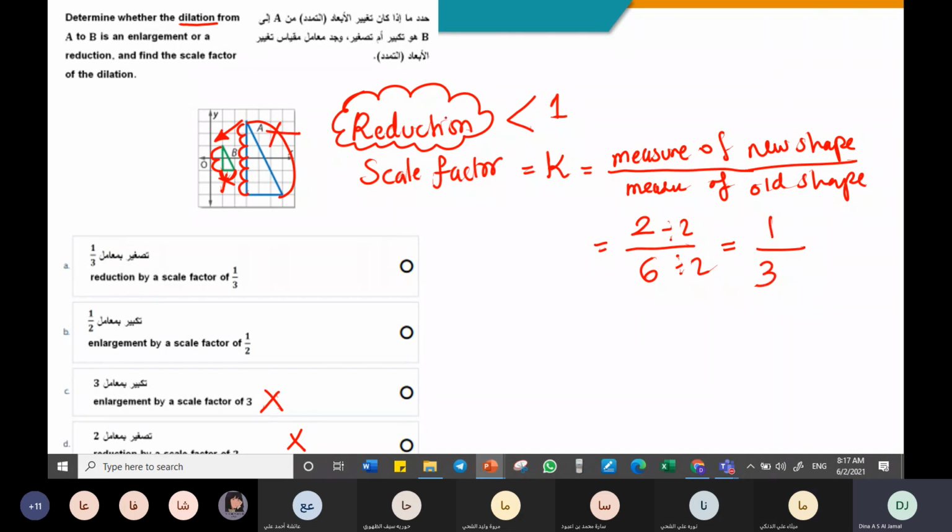Excellent. That means it is a reduction with 1 over 3. So even without solving it, you can get that it is a reduction by a scale factor of 1 over 3 since it is not an enlargement. Of all the multiple choices, this is the only one that is right.